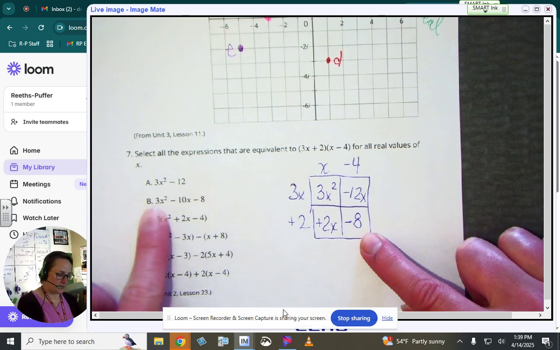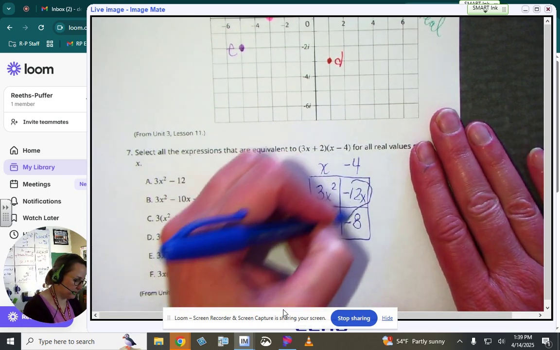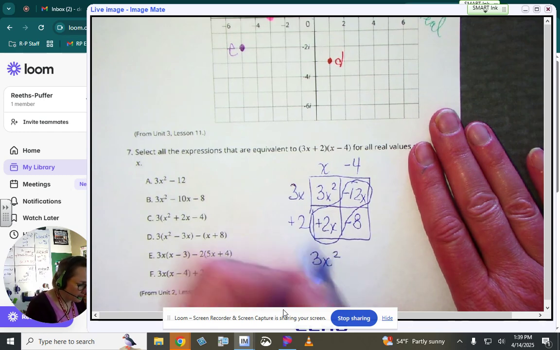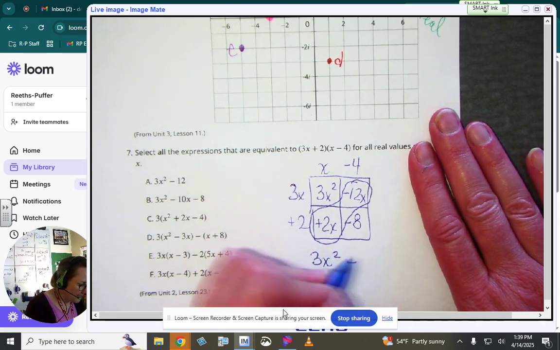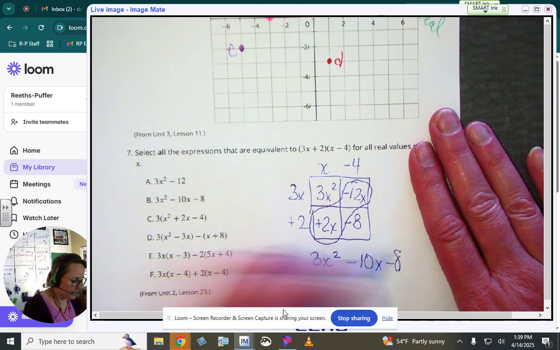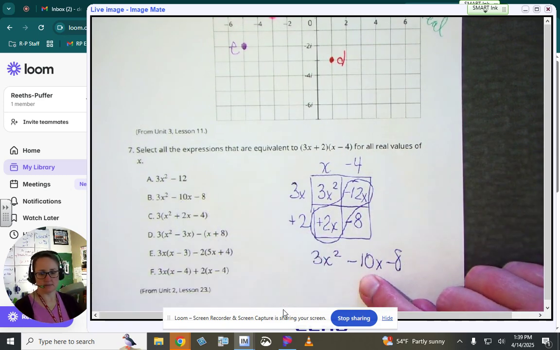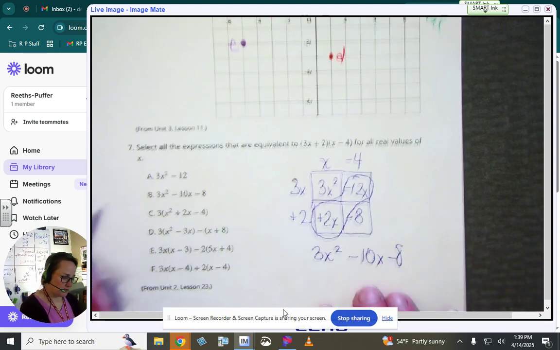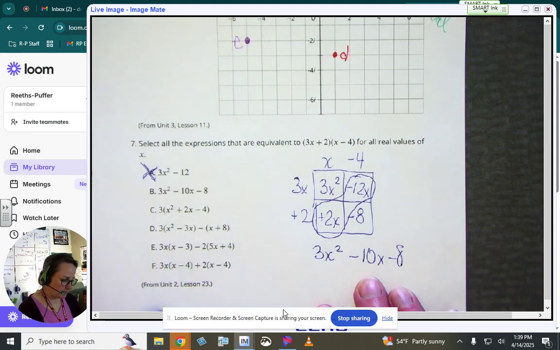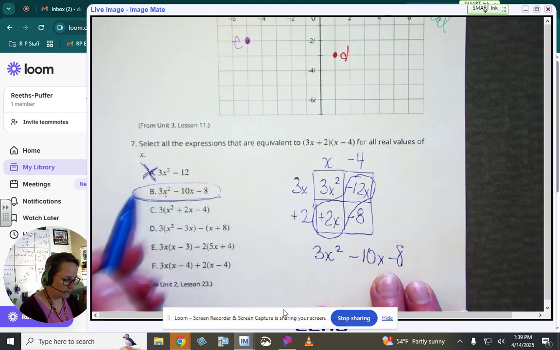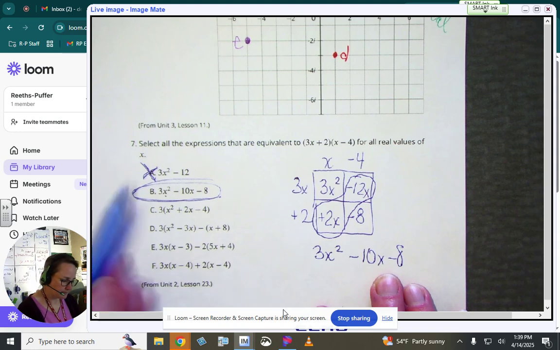So everything I should be looking at should be something that will get us equal to 3x squared minus 10x minus 8. I combine these two together and get that minus 10x. Okay. So this is definitely not equal to that. This is an exact match.